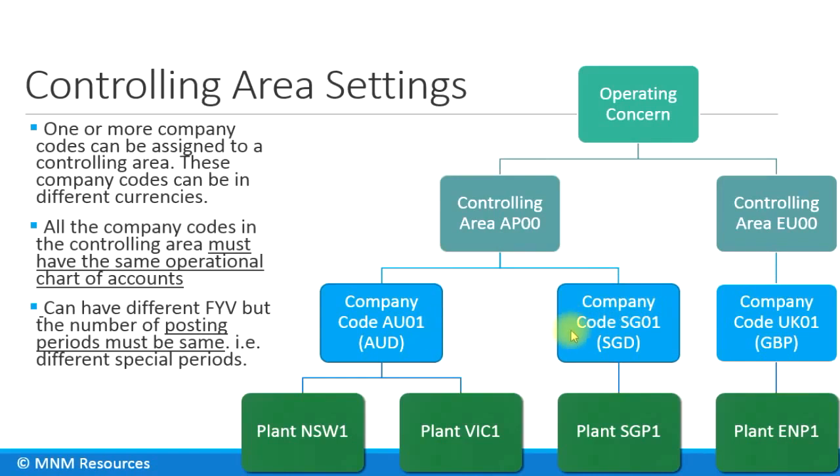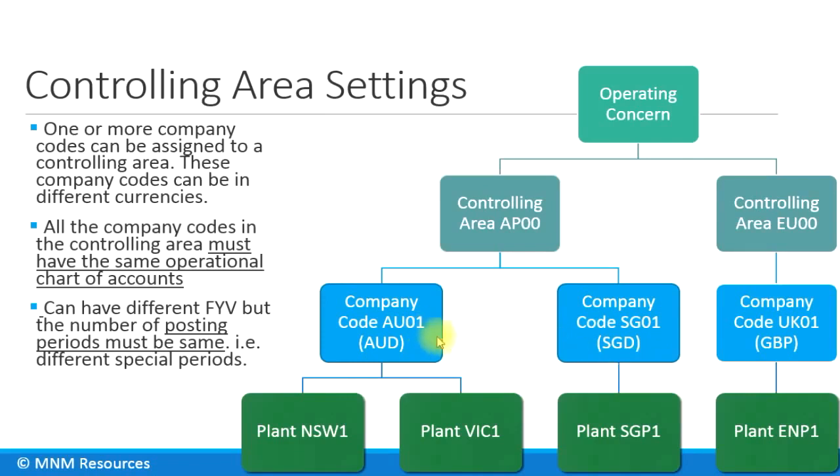These are more related to the FI module, but in terms of the CO module, if they are both in the same controlling area, then they can allocate costs between company codes via CO objects like cost centers. So you can allocate a cost from this admin cost center to company code SG01's finance cost center or any of their production lines.